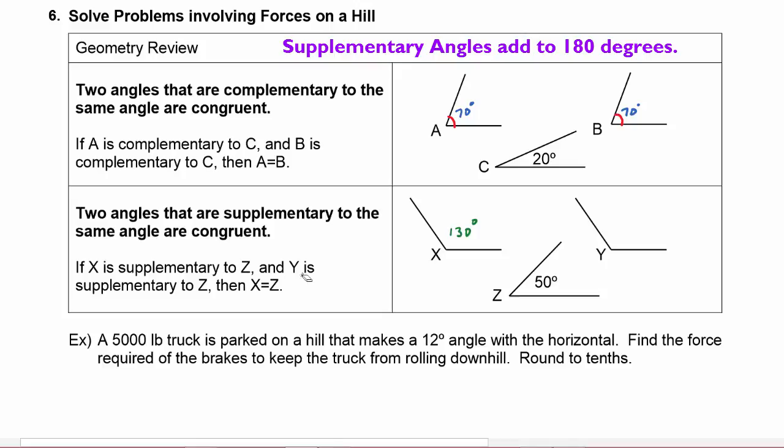We are also given that angle Y is supplementary to Z. So here's angle Y, here's angle Z, so Y would have to be 130 degrees. So it makes sense then that the conclusion is that angle X and Y have to be equal to each other.